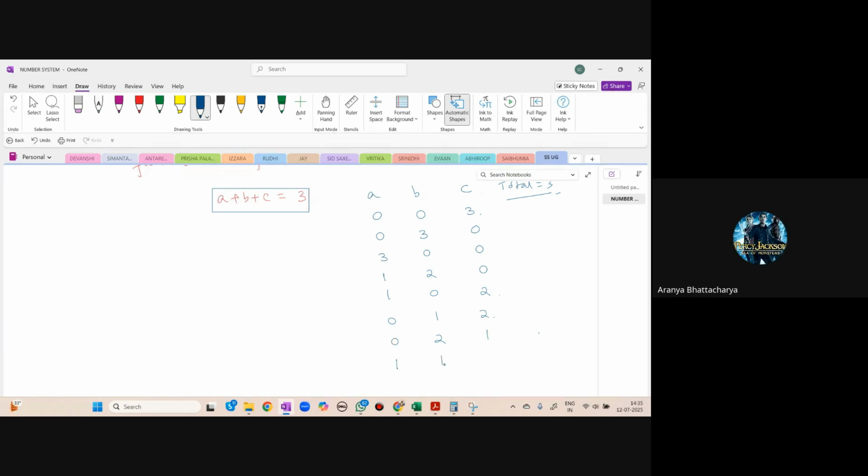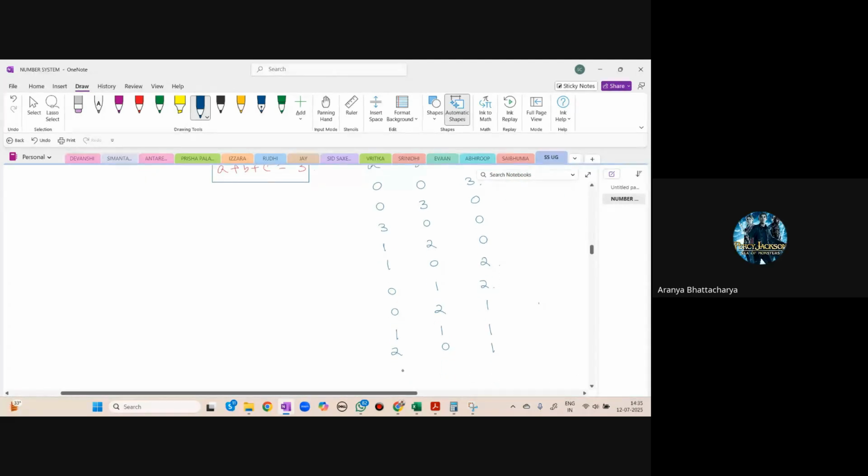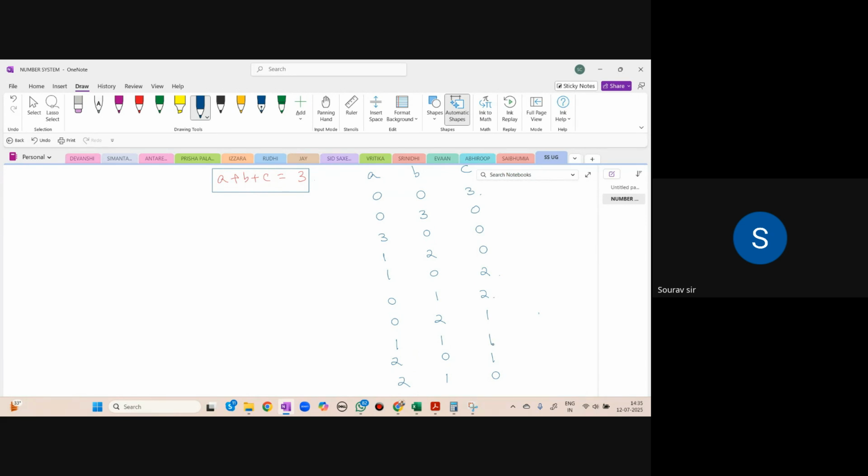Anything else? 2, 0, 1 and 2, 1, 0. And then I can have 1, 1, 1. So how many combinations? 1, 2, 3, 4, 5, 6, 7, 8, 9, 10. 10 combinations? So how will I go with a formula to work out this 10?